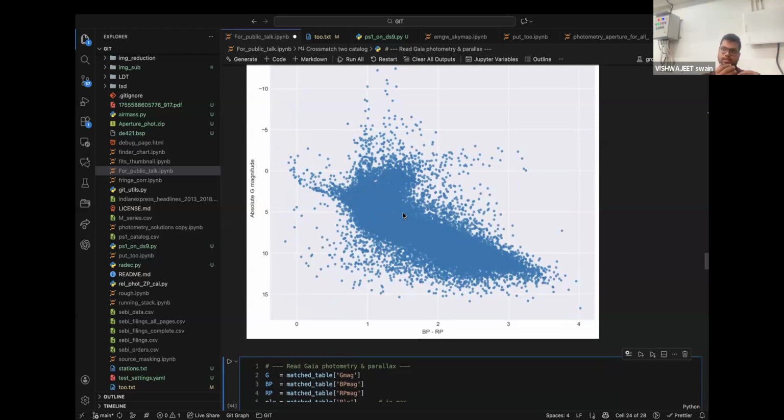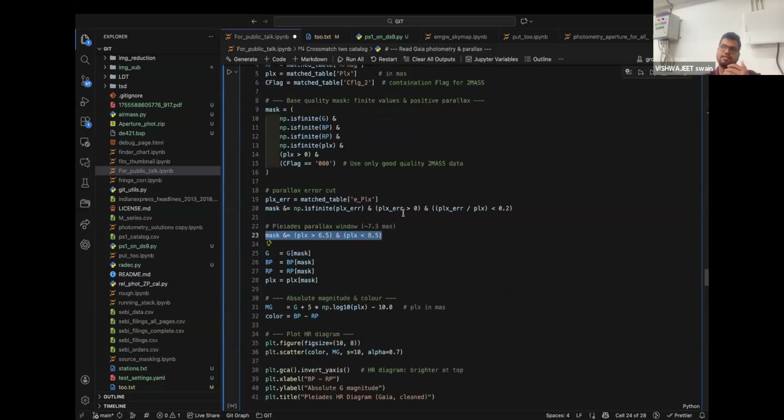A cluster means a group of stars which formed at the same time, but their luminosity, mass, and radius can be different. And we want to study whether this cluster is young or older. It depends on how many older stars there are. Parallax indicates the distance, and the inverse of the parallax will give you the distance.